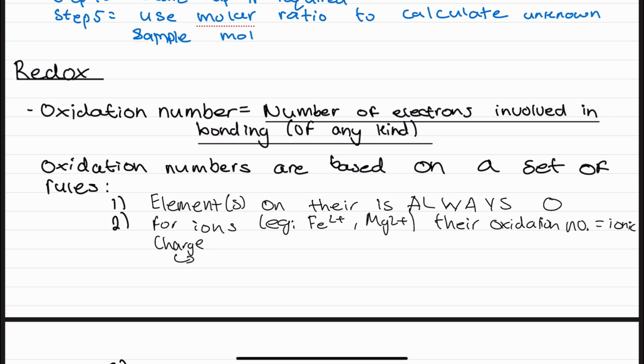This means that for something like FeIII, which is Fe3 plus, it will have an oxidation state of +3. For FeII, which is an ionic charge of Fe2 plus, it has an oxidation state of +2.